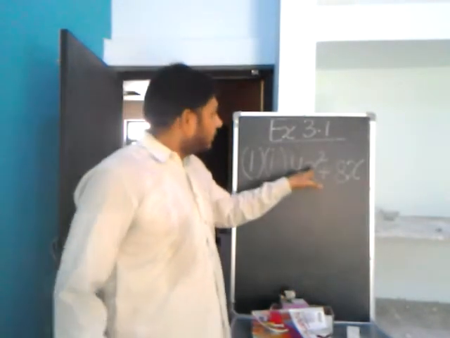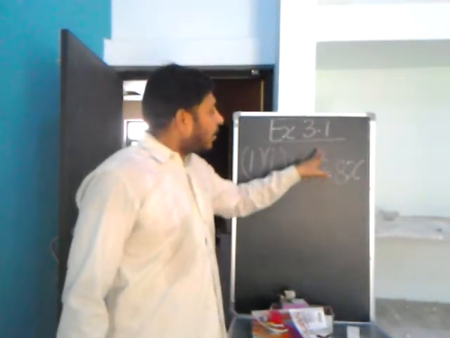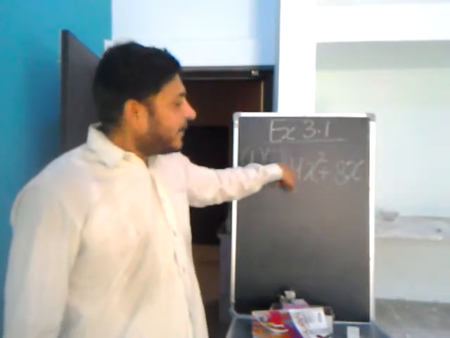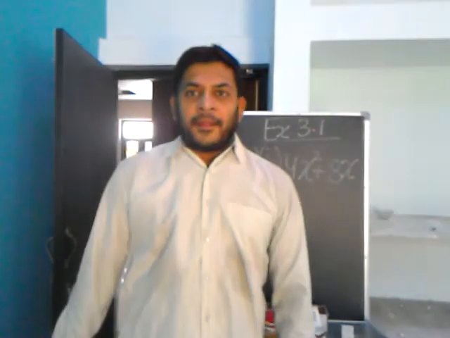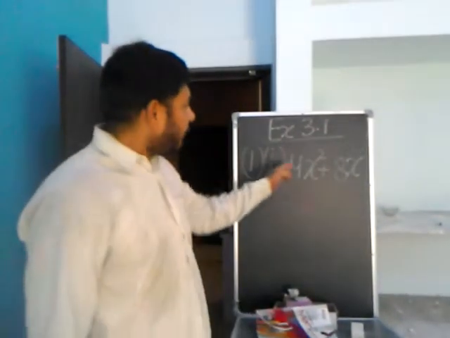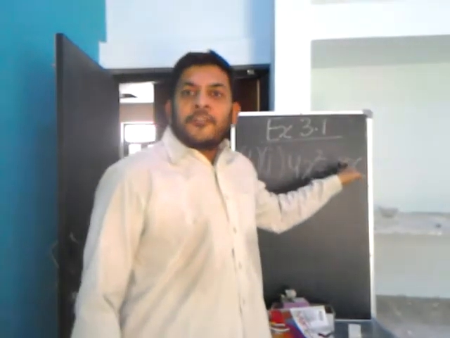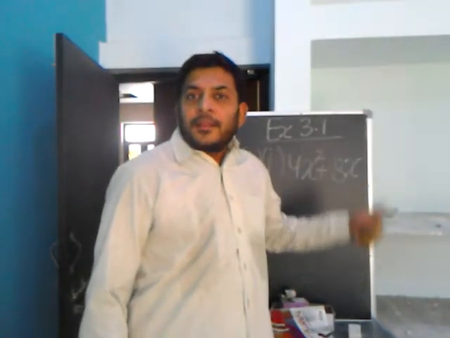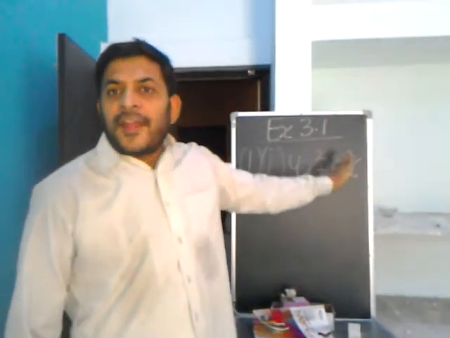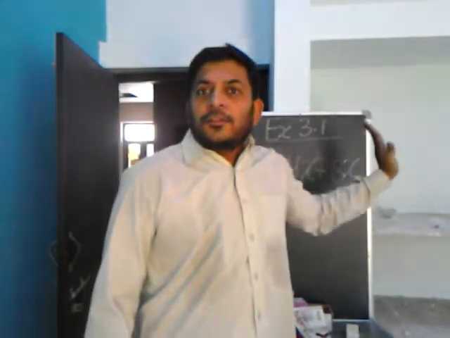We know that the coefficient of x square is a, and in this case the coefficient of x square is 4, so a is 4. The coefficient of x is b; here the coefficient of x is 8, so b is equal to 8.